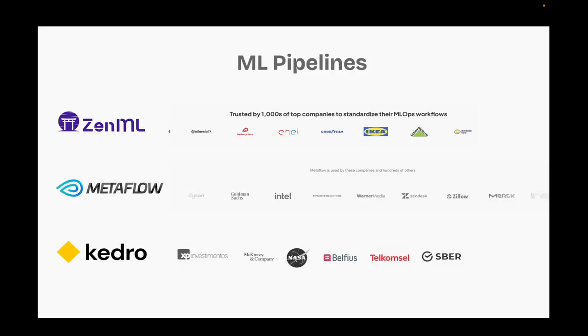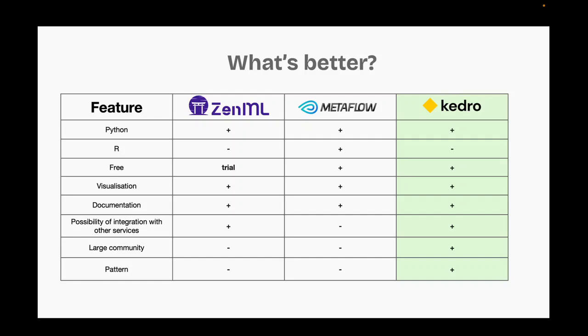In general, all three are quite similar. They provide structured workflows for ML projects, have solid documentation, and even offer VS Code plugins for easy integration. So which one is the best? Well, unfortunately, there is no single best answer. Each tool has its strengths. I've listed a few key comparison points in the table, but there are many more factors to consider.